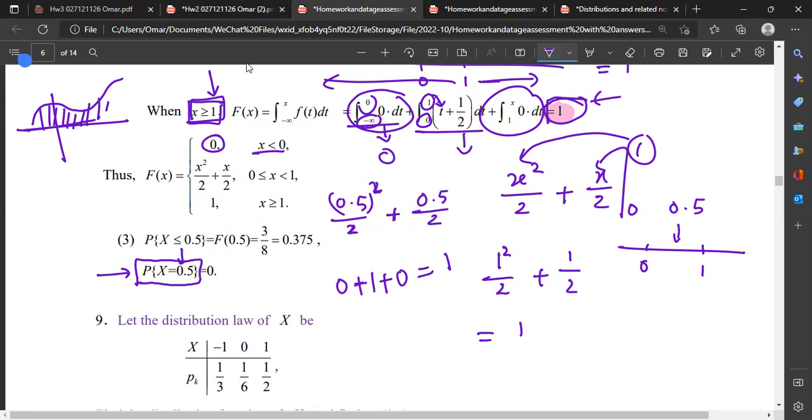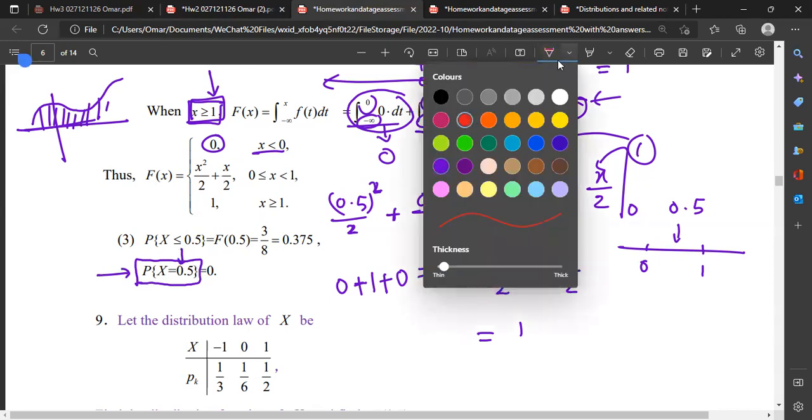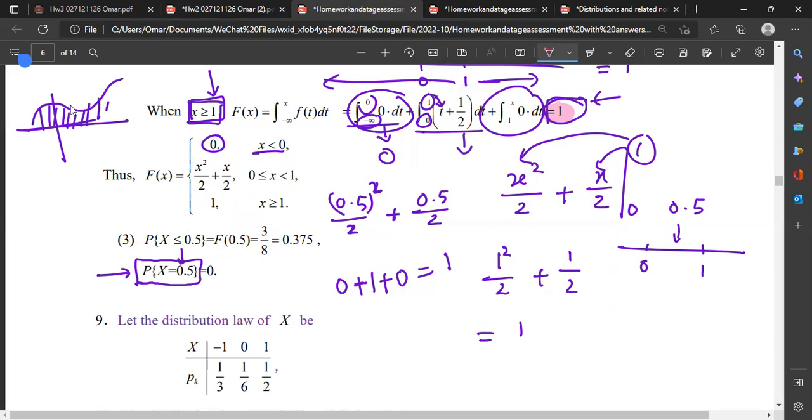So that point may be somewhere around here. See here? That point can be somewhere around here, right? So we know that for any point, if there is a line, this line doesn't have any area, right?